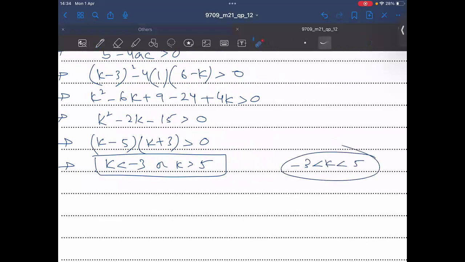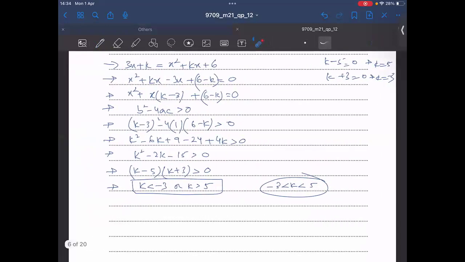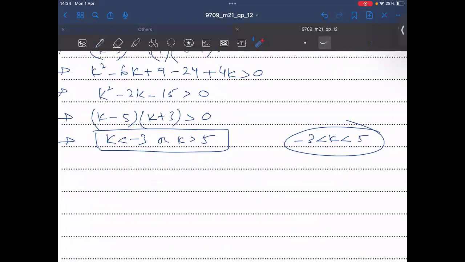Is it clear? When you have greater than 0 for a quadratic inequality, you're first going to factorize this expression. You've got the two factors. You have to keep these two factors equal to 0 to get the values of k. Now, if you have a quadratic inequality greater than 0, that's how you're going to finally write down the inequality representing the set of values of k.